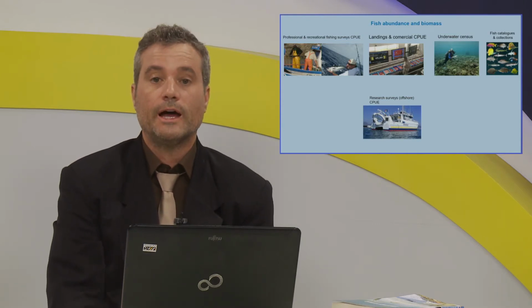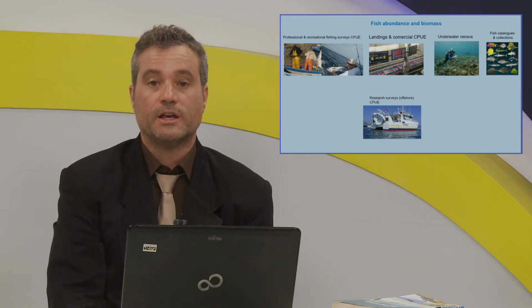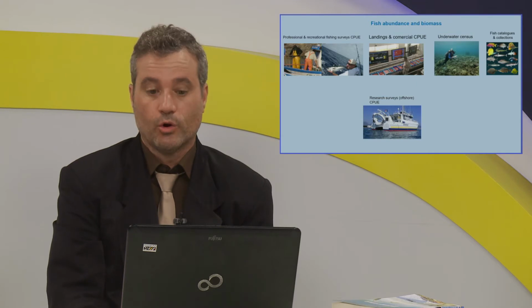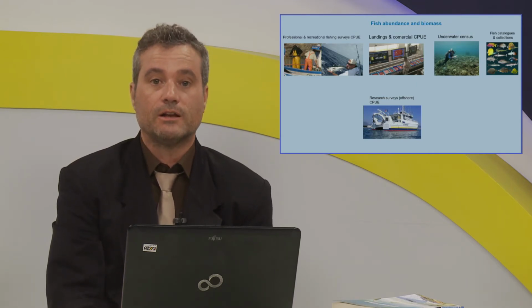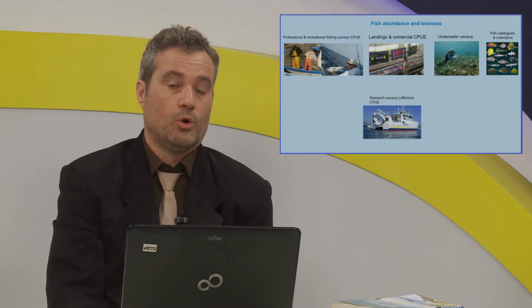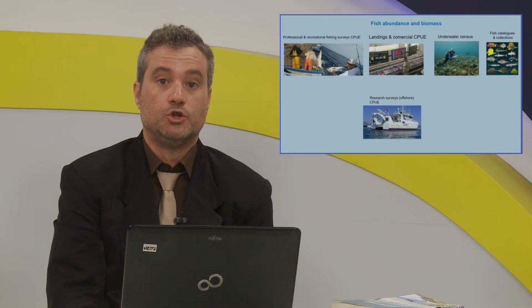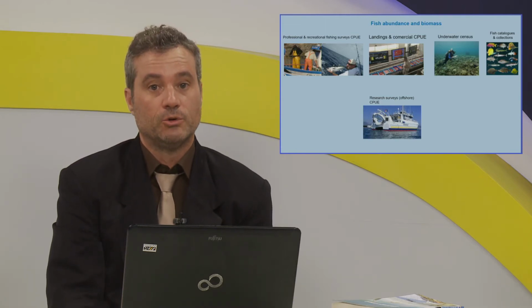We can use underwater sensors for coastal fishes inhabiting, for example, coral reefs. And then we can also use fish catalogs and collections. When we move to offshore fisheries, we can also use research surveys to compute catch per unit effort.